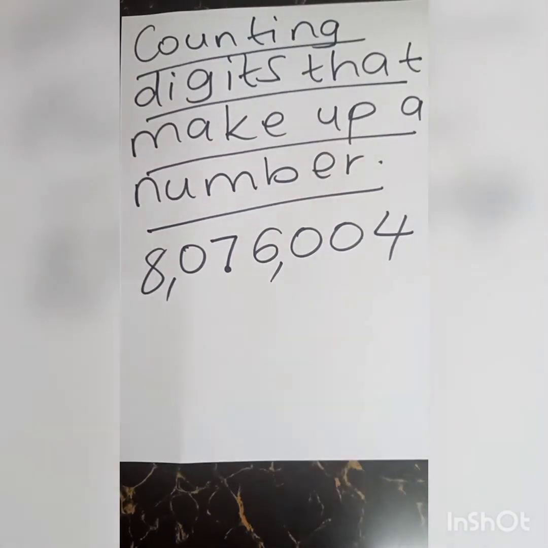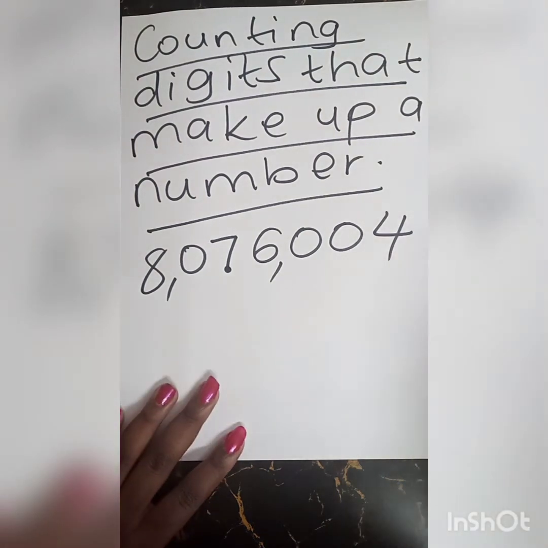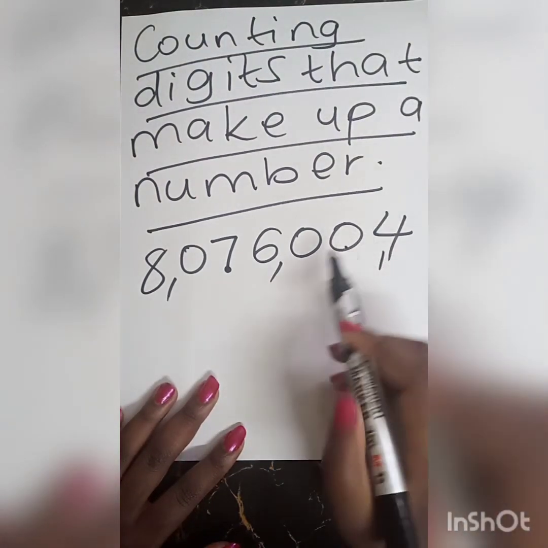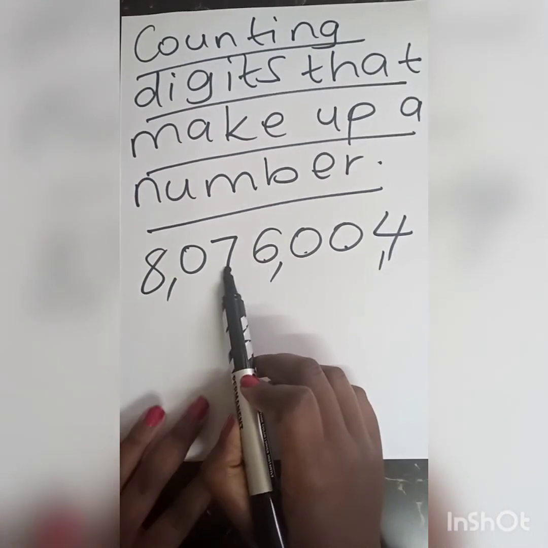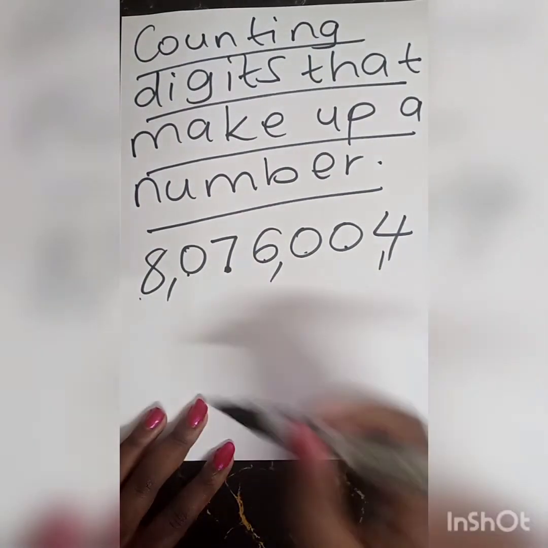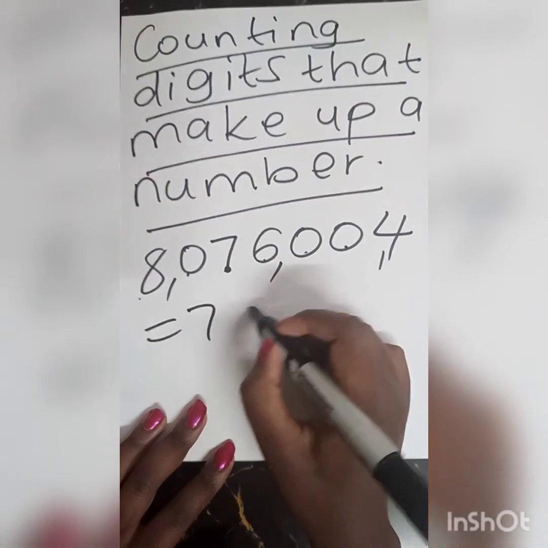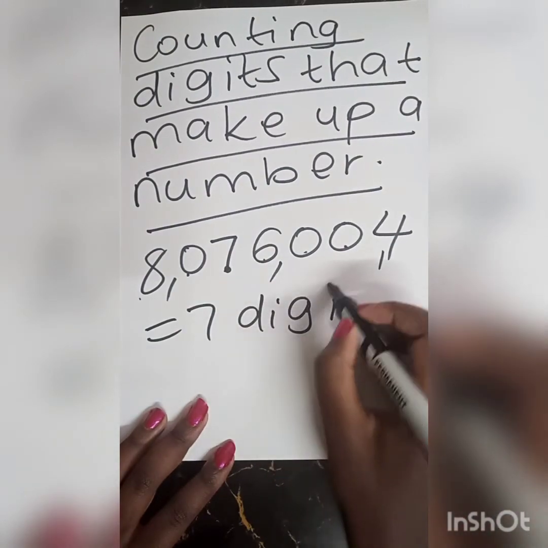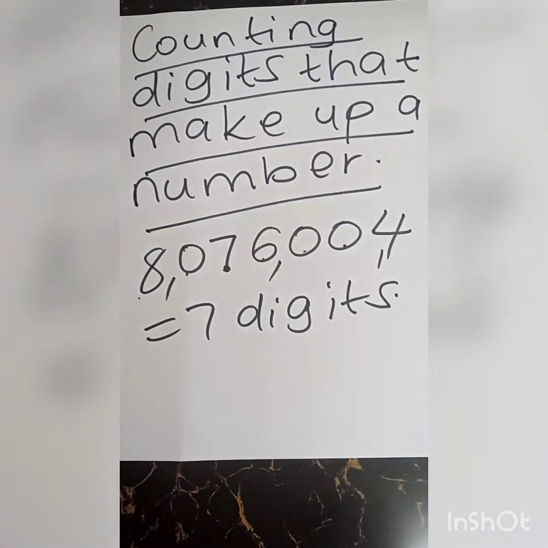So that means that this number has how many digits? Let's count together. 1, 2, 3, 4, 5, 6, 7. Okay, so this number has 7 digits. Are we together?